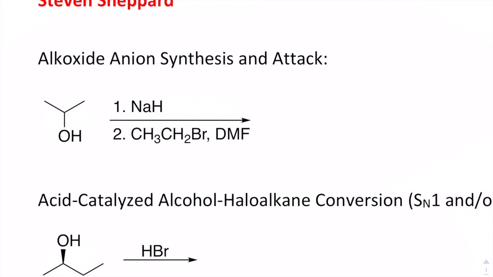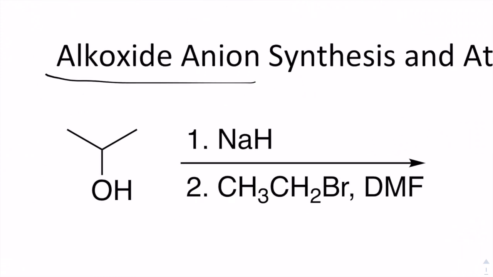Okay, so the first reaction is called alkoxide anion synthesis. An alkoxide anion is just the deprotonated version of that alcohol. So if I see this alcohol over here, it's really just going to be that. That is the alkoxide anion version of that alcohol.